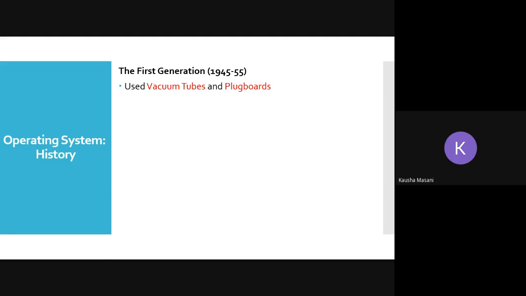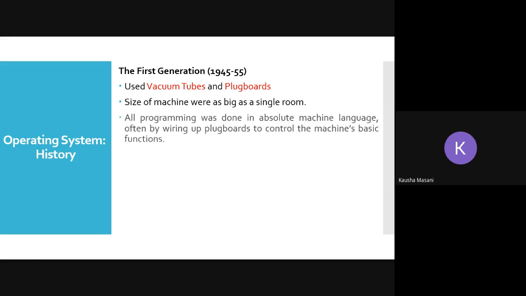So your first generation used vacuum tubes and plug boards. The machine was as big as a single room, and the programming was all done in machine language, so zeros and ones.